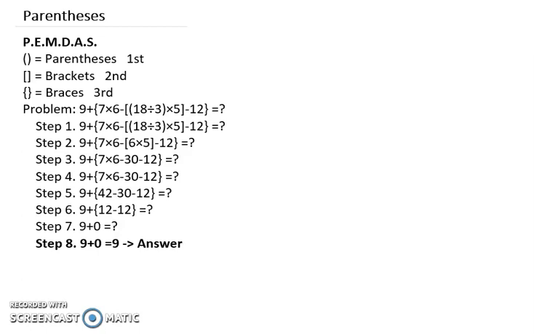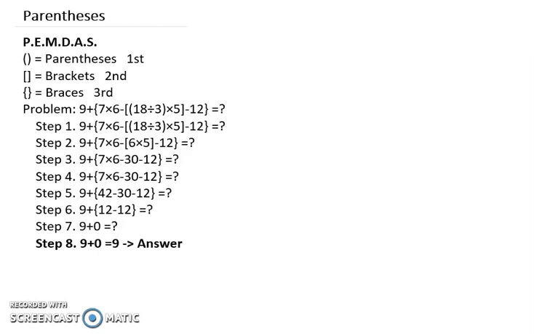In this problem, you do parentheses first, which is 18 divided by 3, and that equals 6. In step 2, you have to do 6 times 5. That's 30. Now you remove the parentheses and the brackets, and you get braces left.